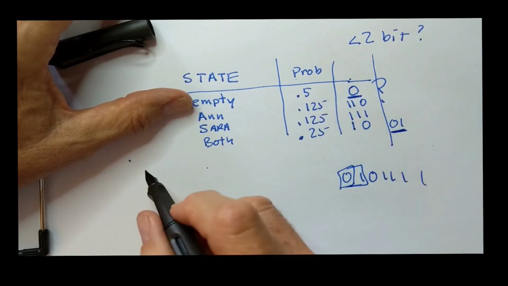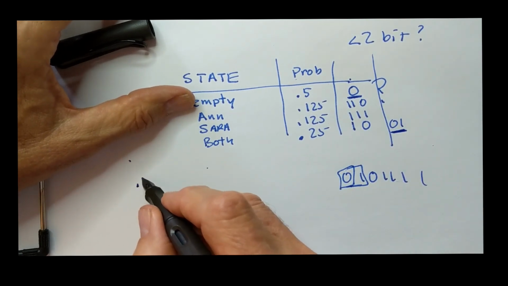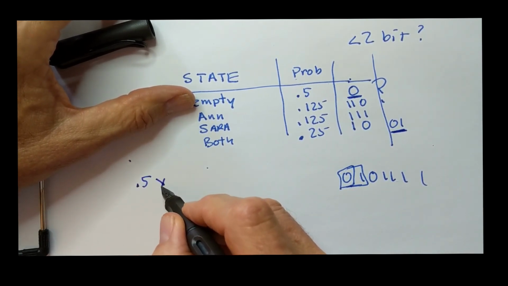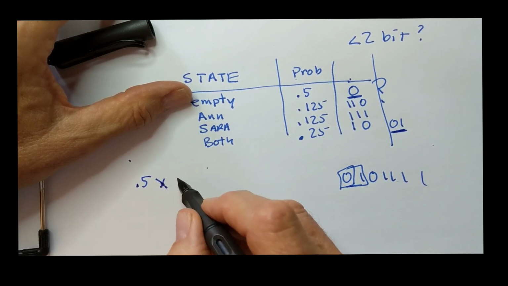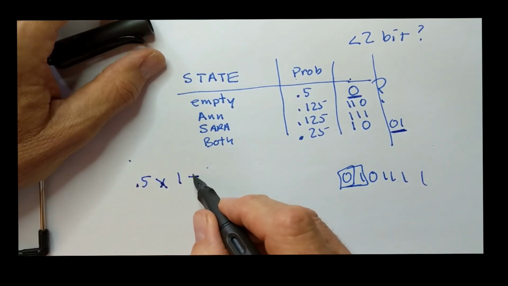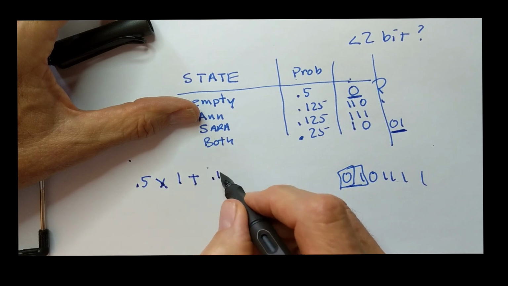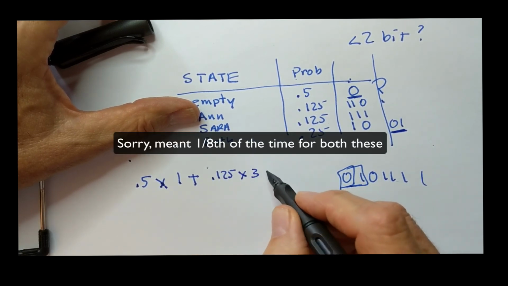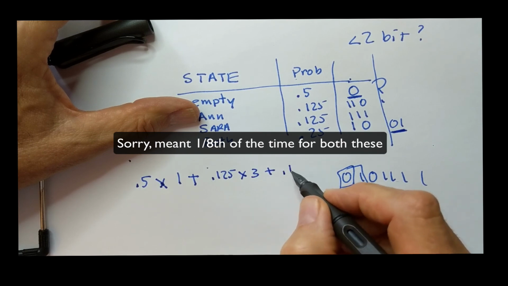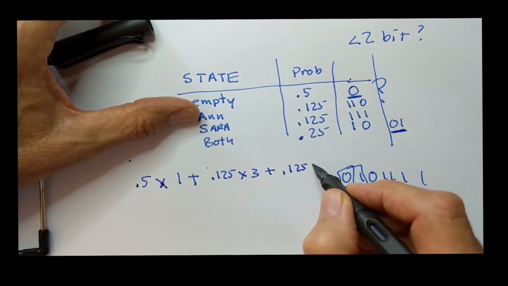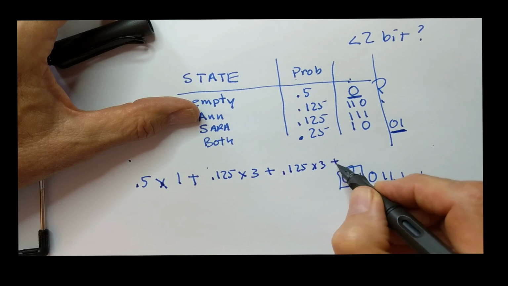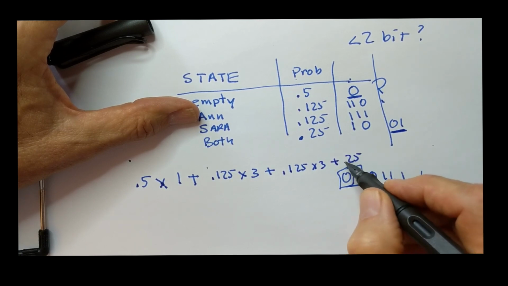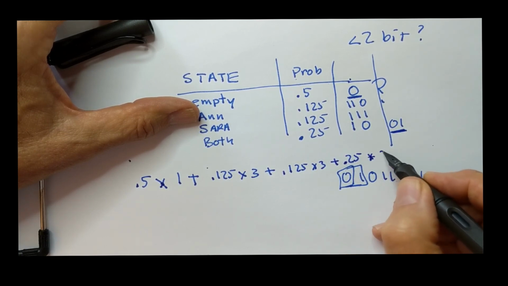So here's the scoop. 50% of the time, we're using 1 bit, plus 1/4 of the time, we're using 3 bits, plus another 1/4 of the time, we're using 3 bits, plus 25% of the time, we're using 2 bits.